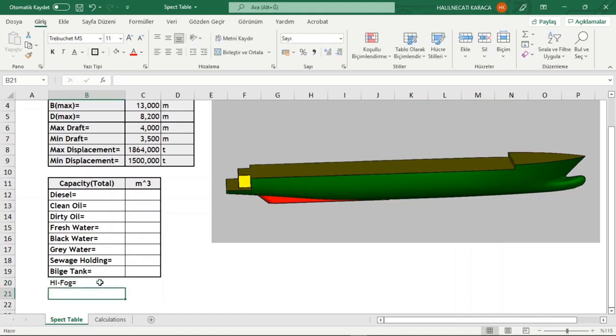This tank is the tank that stores the water to be used to extinguish the fire in case of any fire on the boat. We will also calculate and add the high fog tank, or we don't need to write it separately, because there is fresh water in the high fog tank. We will add the high fog value to the total fresh water volume, so you can add it here or not, it's up to you.